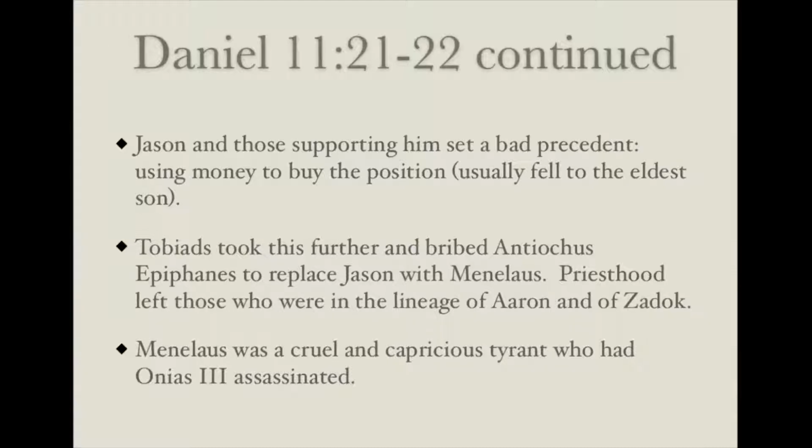Antiochus, who saw the money, said, sure. So all of a sudden, the priesthood left those who were in the lineage of Aaron and of the priest Zadok, who was one of the ones that returned as a remnant to rebuild Jerusalem. Menelaus was a cruel and capricious tyrant, and he was the one who had Onias III assassinated.